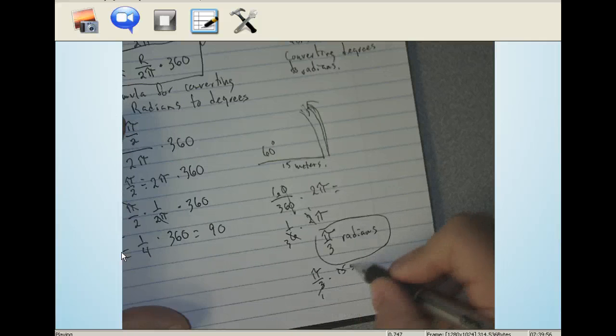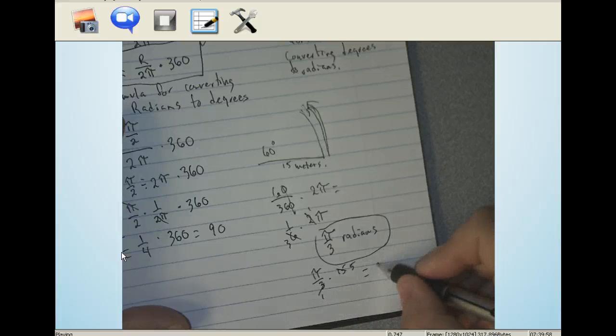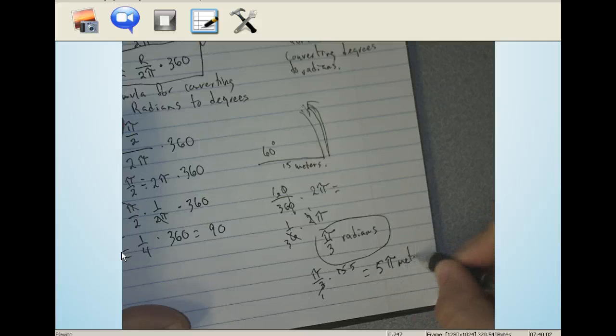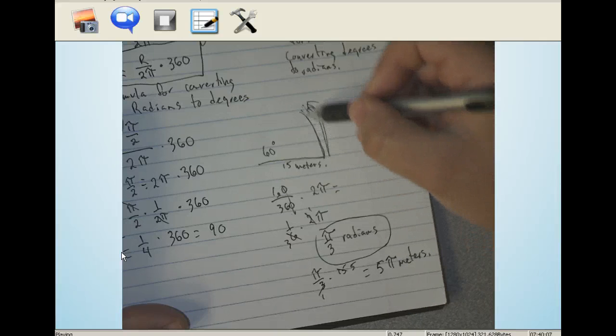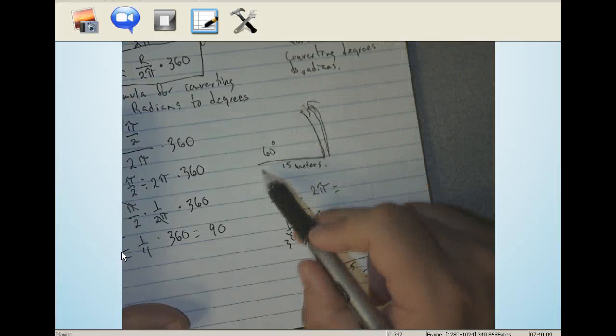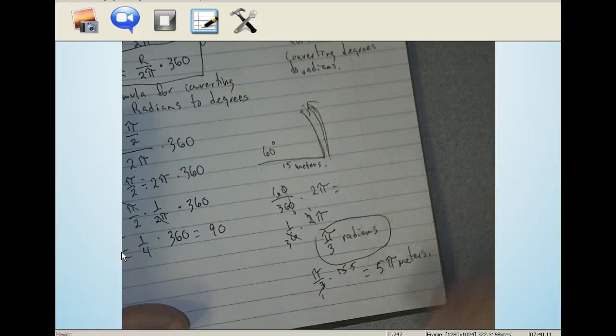Get 1, and that turns into 5, so our answer is 5 pi meters. That's how long it is. Okay? An arc of 60 degrees on a circle of 15 meters has a length of 5 pi meters. And now you see how that's done.